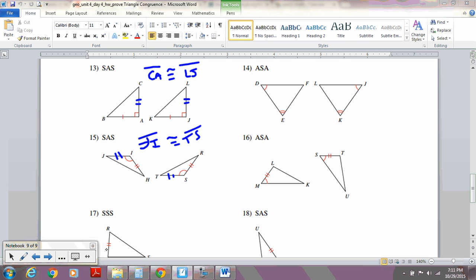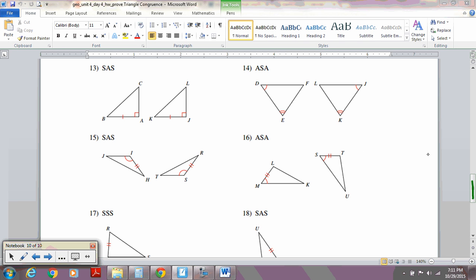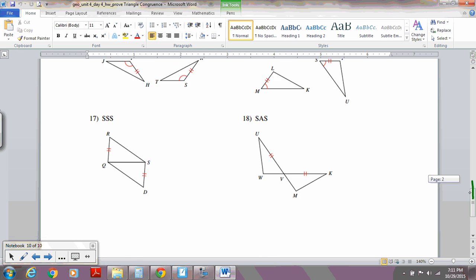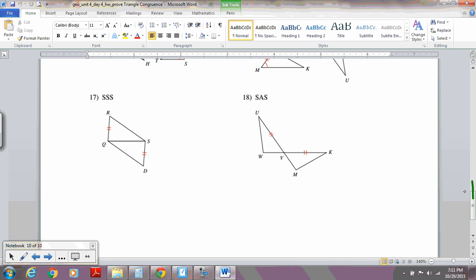And lastly, number 17. They want us to prove it congruent by side, side, side. So only one side is clearly marked right now, but you do know they share a side, so that's also congruent.